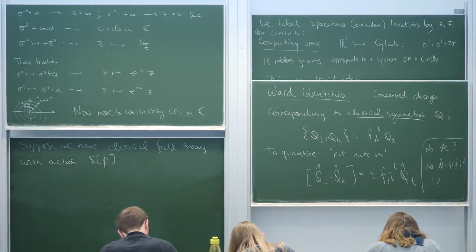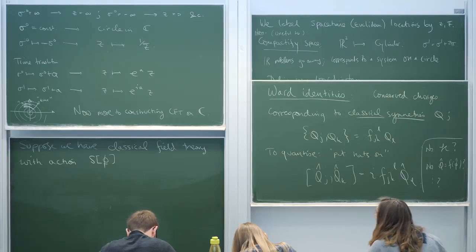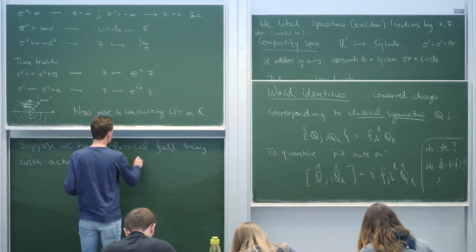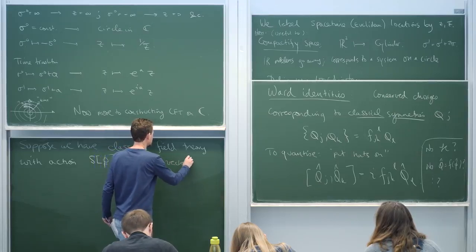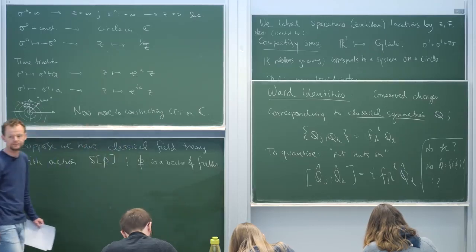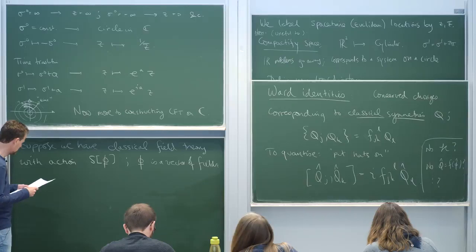So we start off with some classical field theory with some action. Phi is a vector of fields, so we're not dealing with just Klein-Gordon fields here, we can have all kinds of stuff.